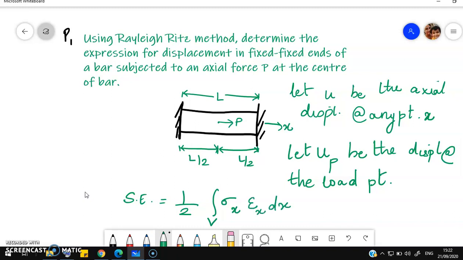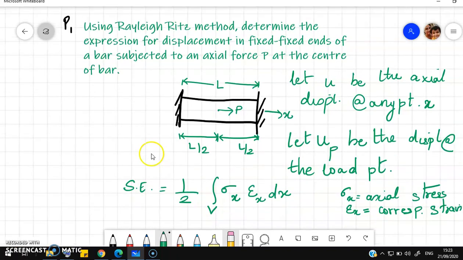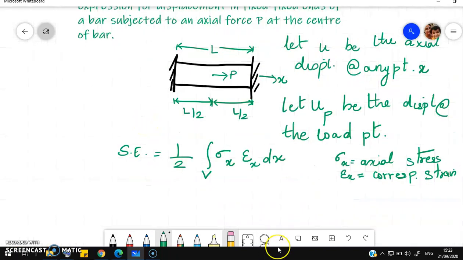Now sigma x means nothing but the stress in the x direction, or the axial stress, and epsilon x is the corresponding strain. Okay, actually it is not going to be with respect to dx. Since we are saying integral over volume, this will be dV.